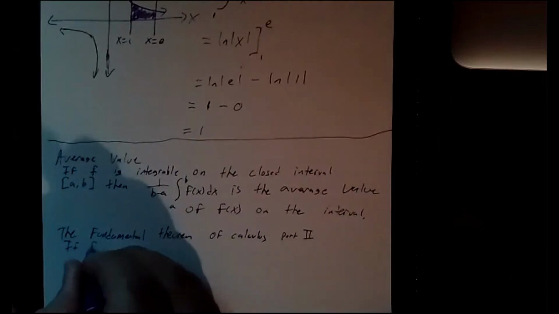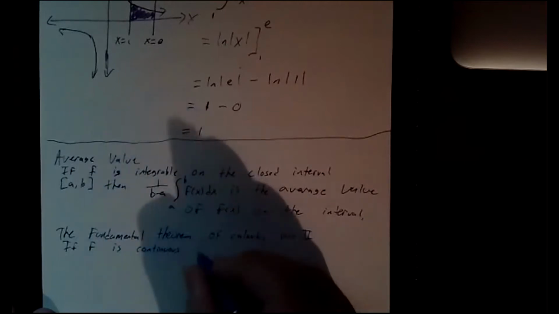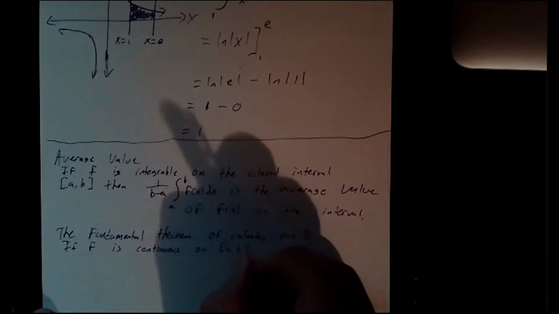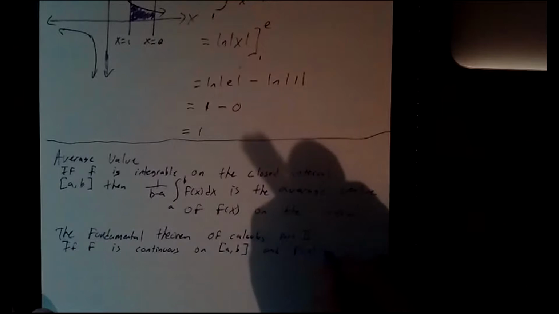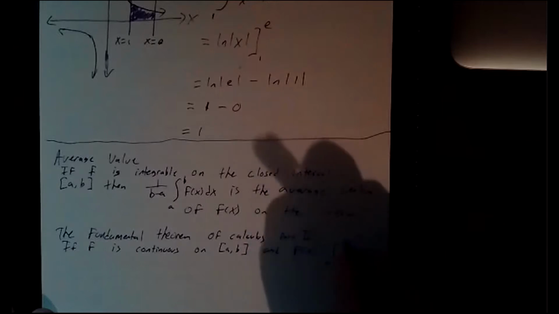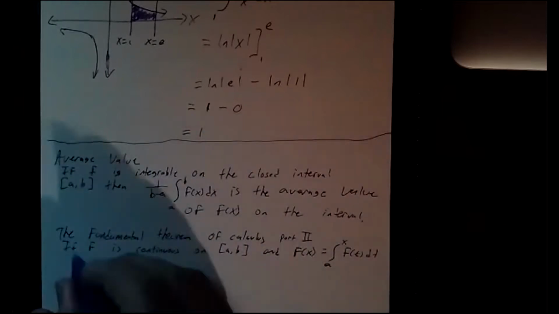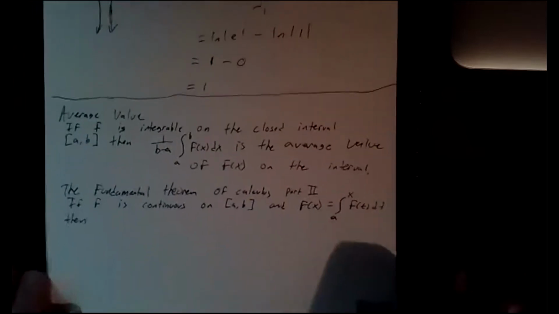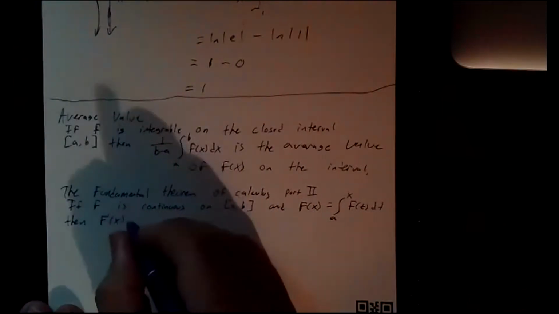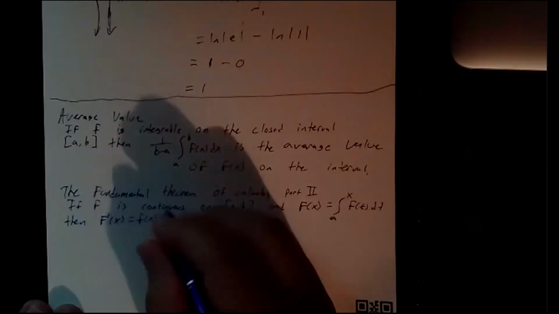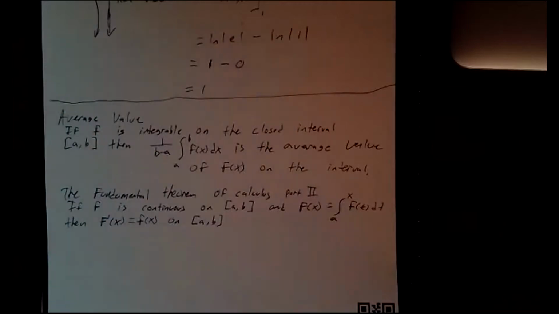If f is continuous on a to b and capital F is equal to the integral from a to x of f of t dt, then F prime of x is equal to f of x on this closed interval a to b.